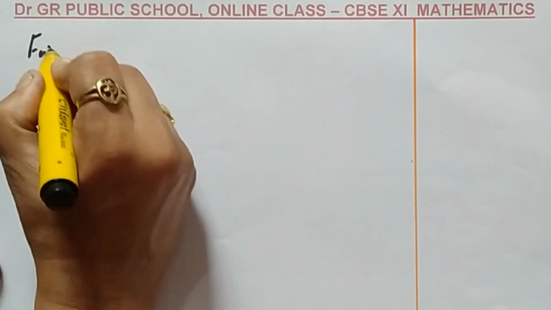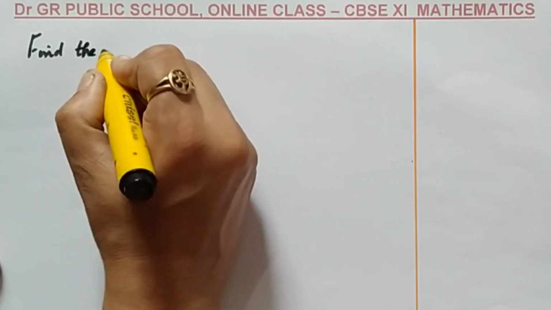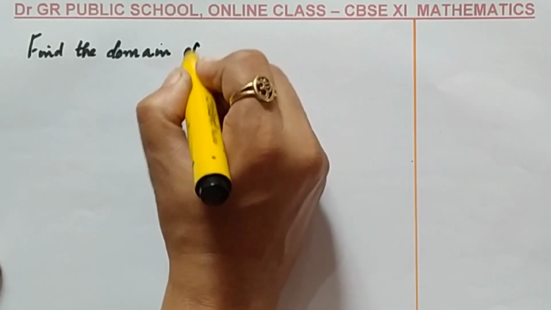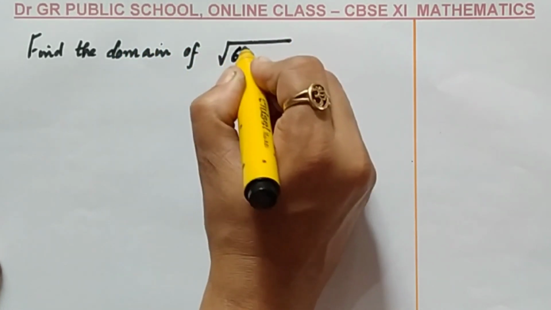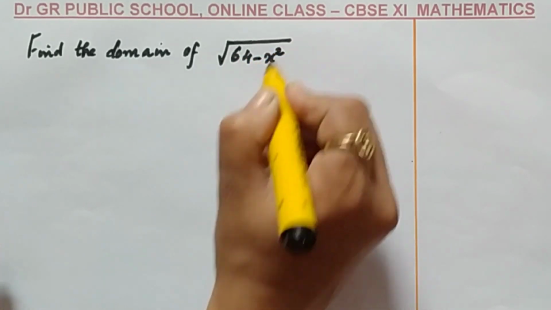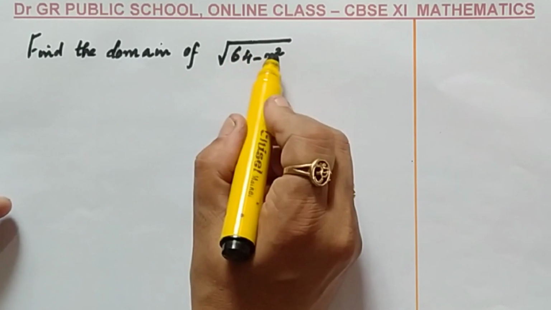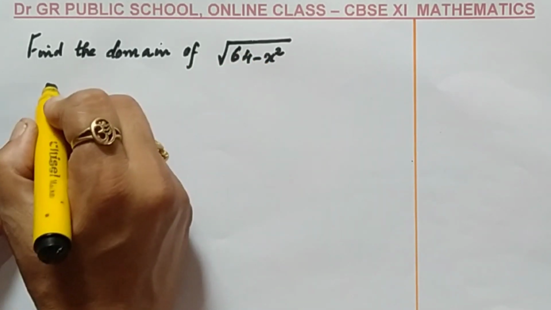One more question of the same type we are going to discuss. Find the domain of the function root of 64 minus x square. Once again, you are given an expression within the square root.